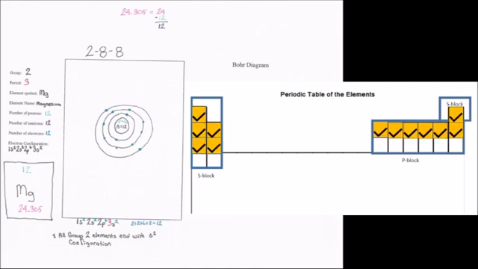Our atomic mass is 24.305. Don't forget, we're just rounding 24.305 to 24. So if we subtract our 12 protons, then we see that we're going to have 12 neutrons. So we have 12 protons, 12 neutrons, and since we have 12 protons, we also are going to have 12 electrons.